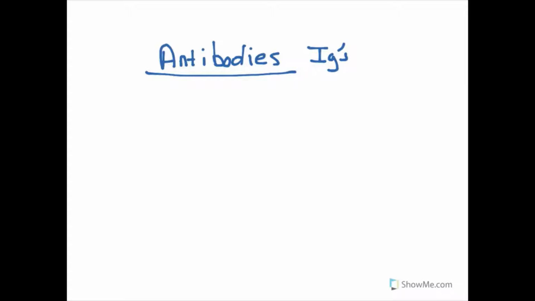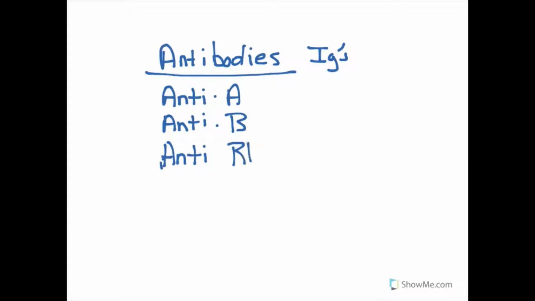They are the anti-A antibodies, which will attack A, and then there are the anti-B antibodies, and anti-RH or D antibodies.